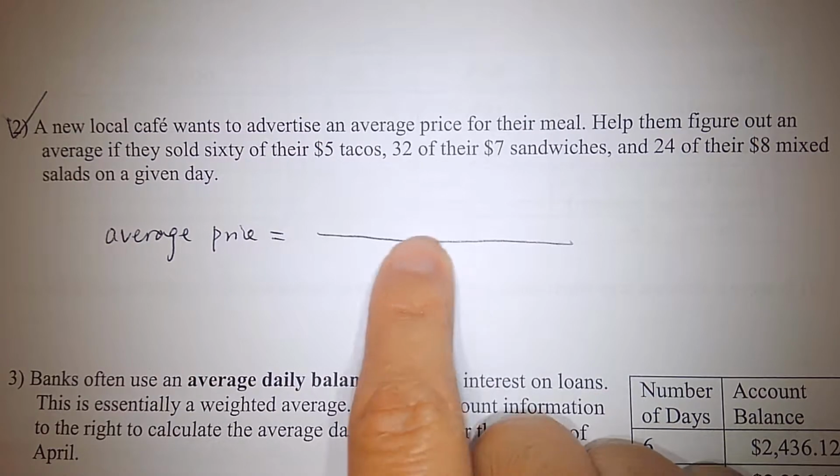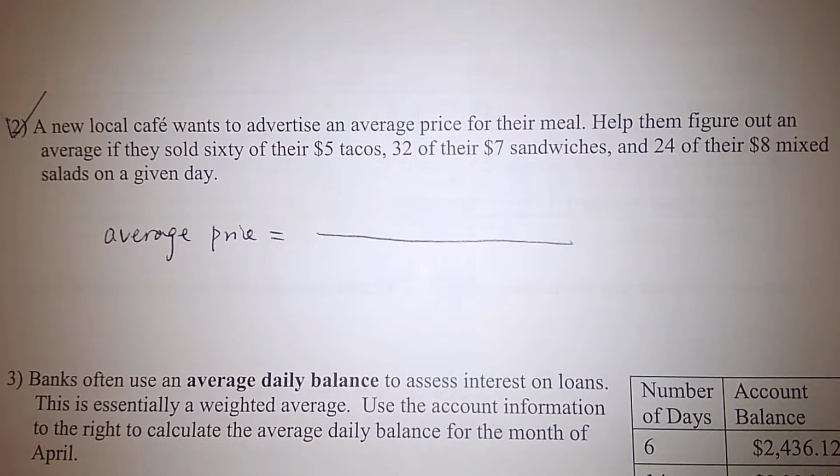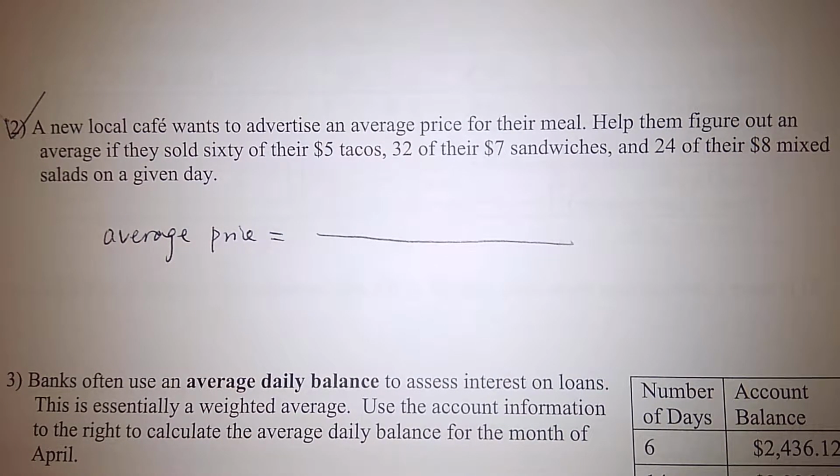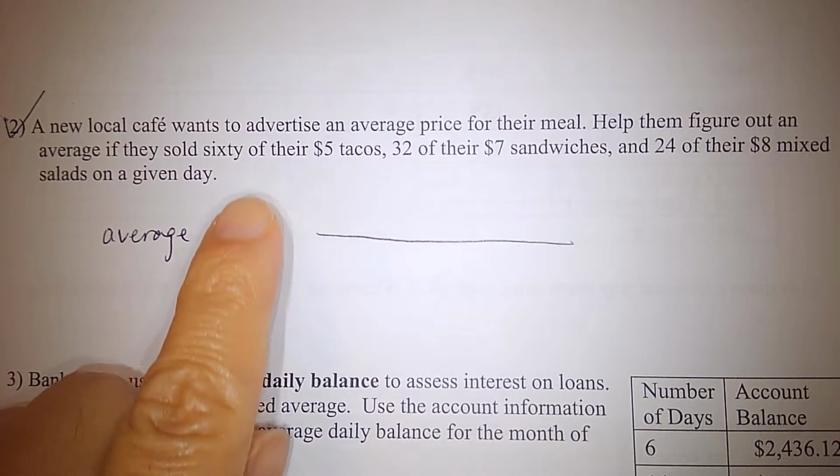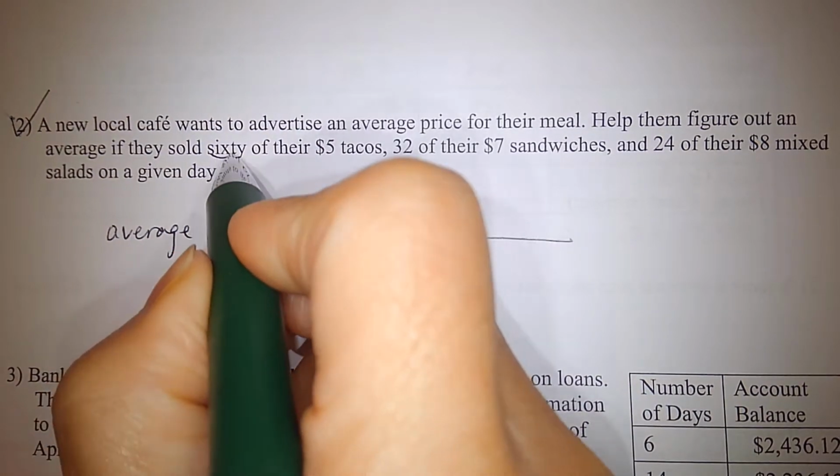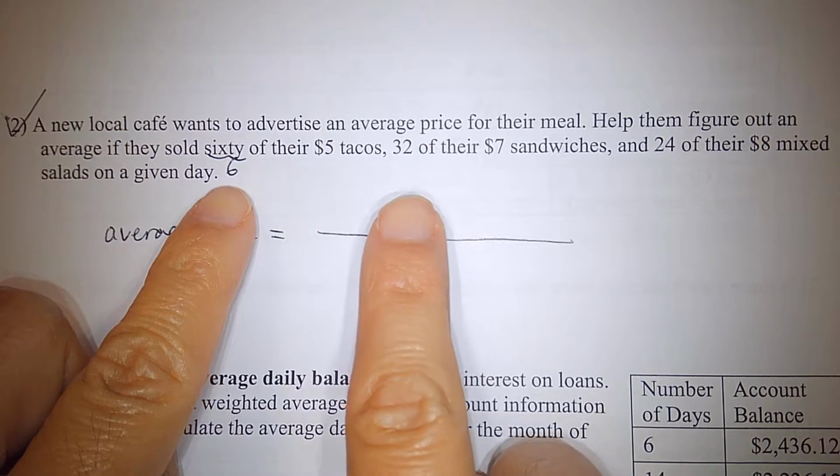Everybody on the top divided by the total counts, right? Now I'm asking you guys, how many tacos, sandwiches, and mixed salads do they sell in total? What is the total counts? Do you see the total counts?